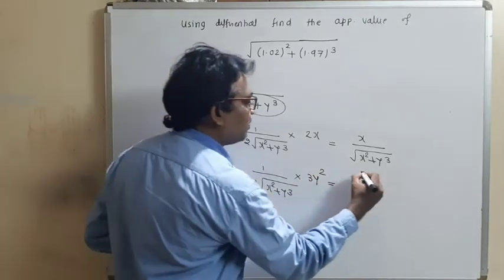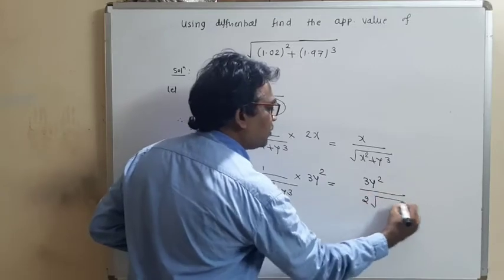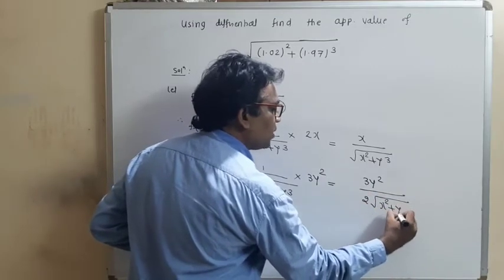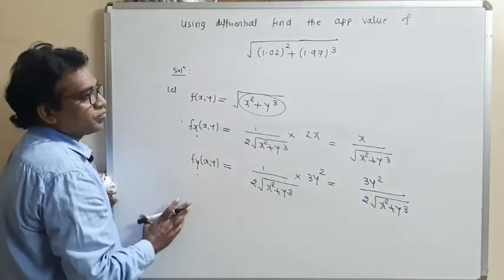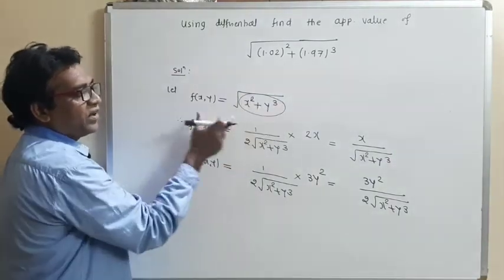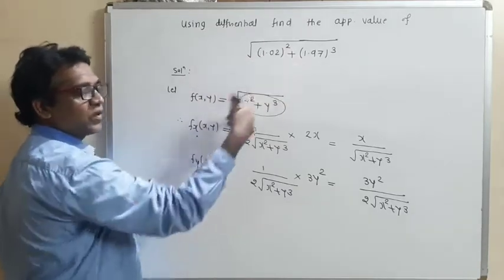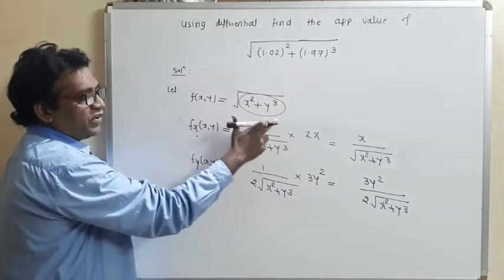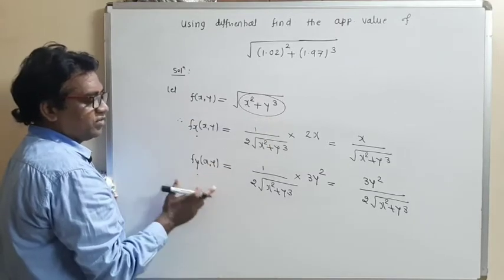So the final value is 3y square divided by 2 under root x square plus y cube. So this is our first step. First of all, identify the given function, under root x square plus y cube. From the given function f, find out the partial derivatives fx and fy.